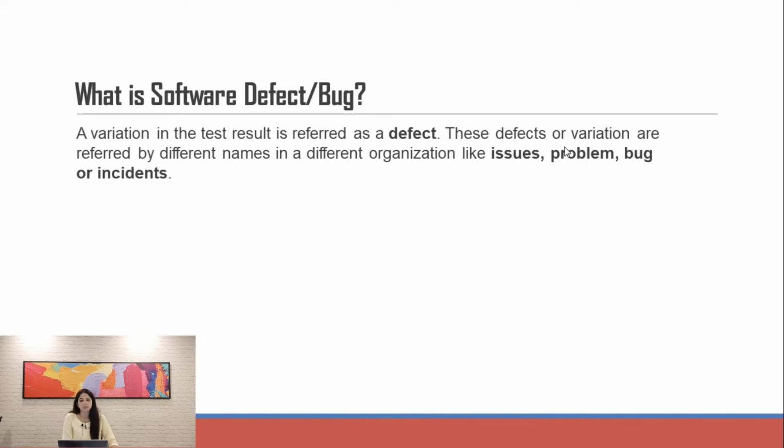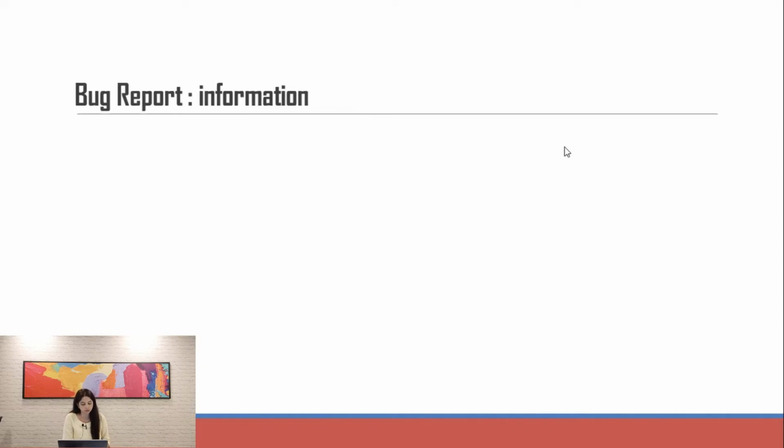Normally any issue, problem, or deviation from the normal flow is called a defect. When we are reporting the defect, when we are raising the issue, we have to make sure that we fill in the following fields to mark the bug properly. First is the defect ID.